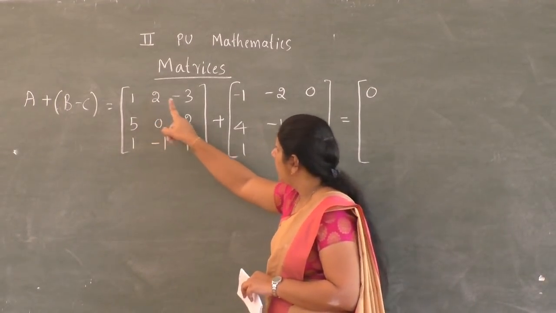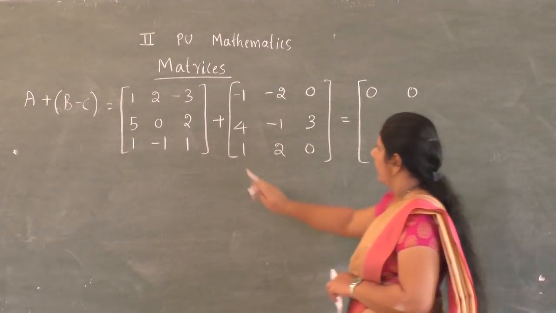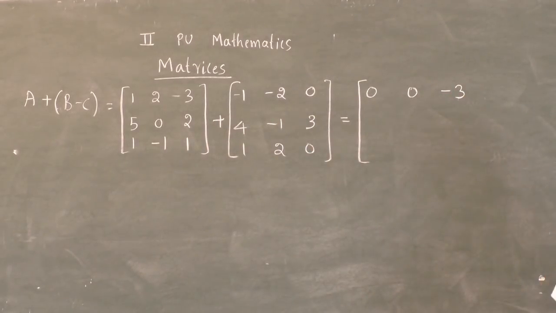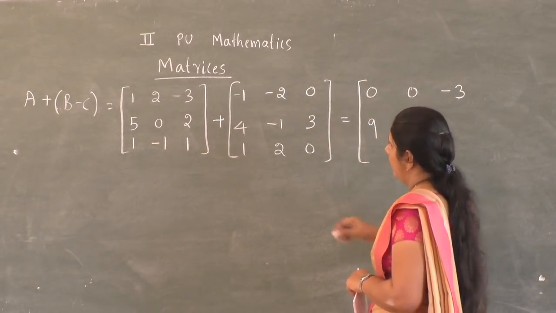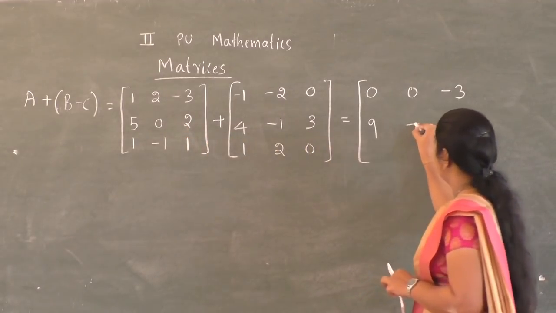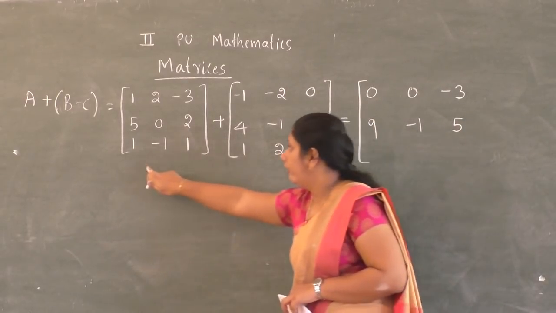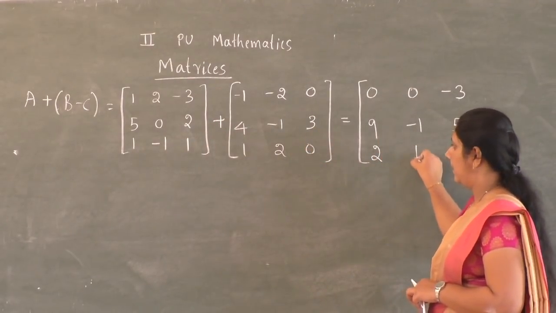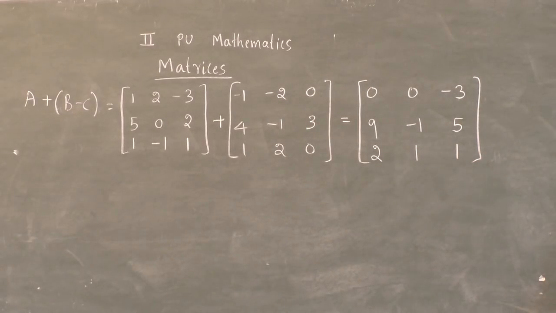Next one 2 plus minus 2, that is 2 minus 2, again 0, minus 3 plus 0, minus 3, 5 plus 4, 9, 0 plus minus 1, minus 1, 2 plus 3, 5, 1 plus 1, 2, minus 1 plus 2, 1, and 1 plus 0 is 1. So this is A plus (B minus C), and take this as equation 1.